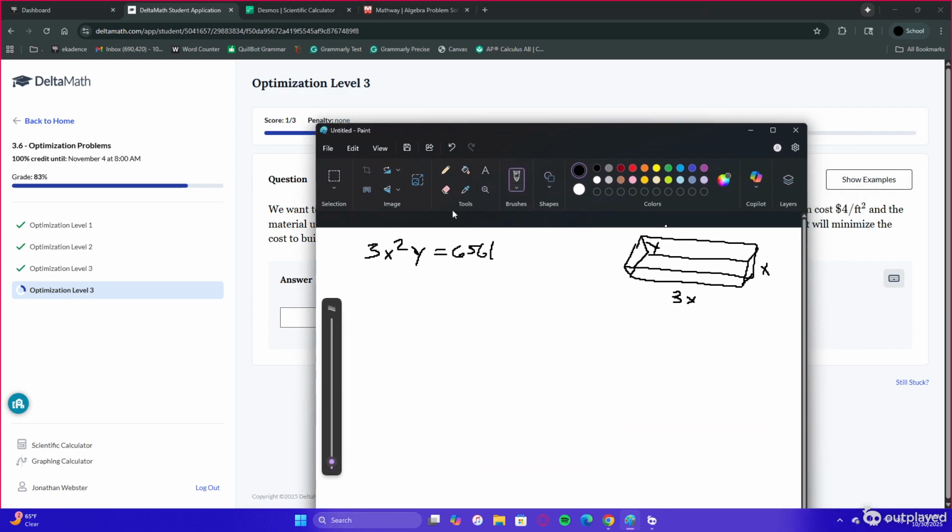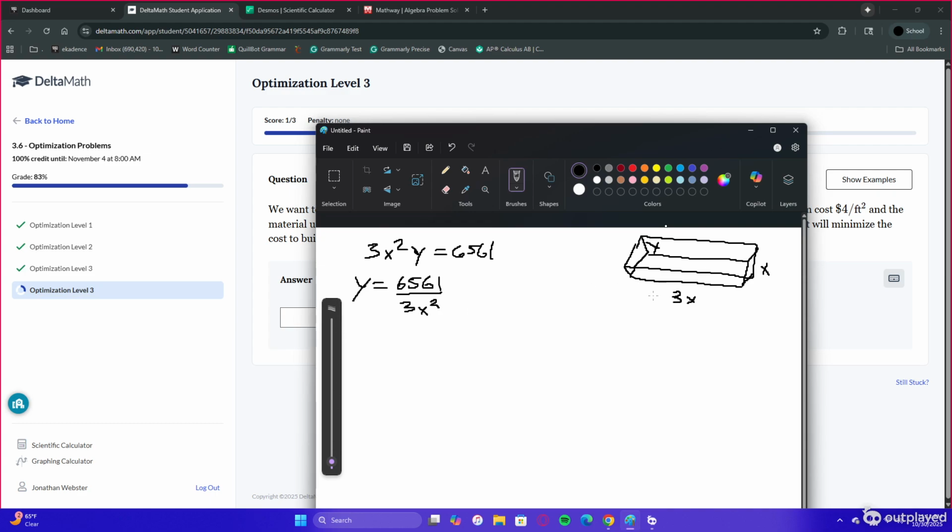So now with that information we can solve to get y alone. So y would be equal to 6,561 over 3x squared.